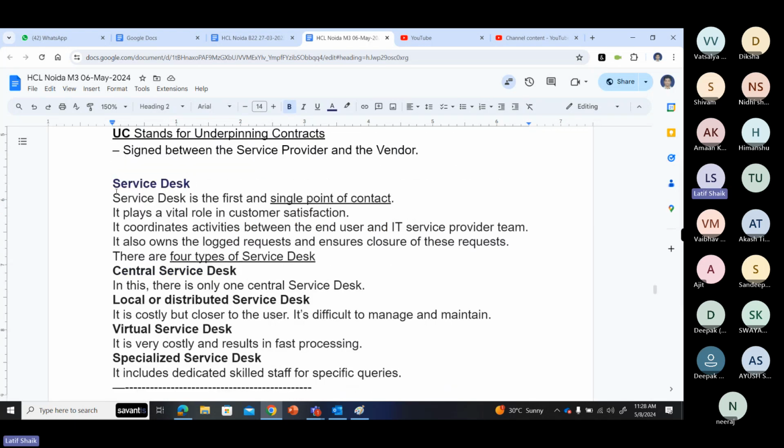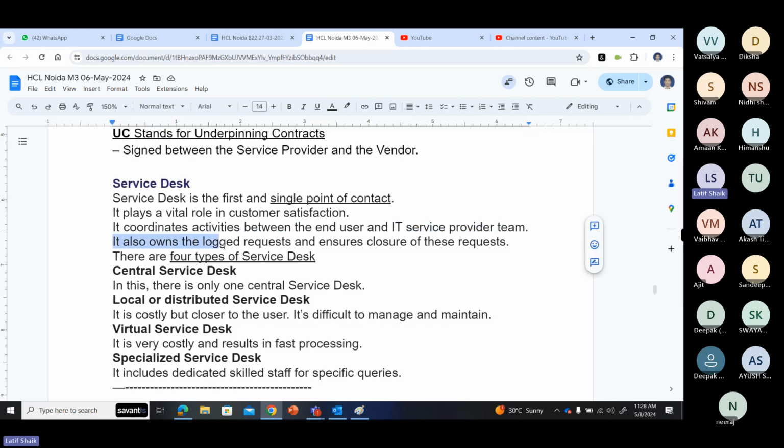So once again, what is a service desk? Service desk is a first and single point of contact. It plays a vital role in customer satisfaction. It coordinates activities between the end user and the IT service provider team. So this is a good line. It coordinates activities between the end user, meaning the client or a customer or a user, and the IT service provider team.